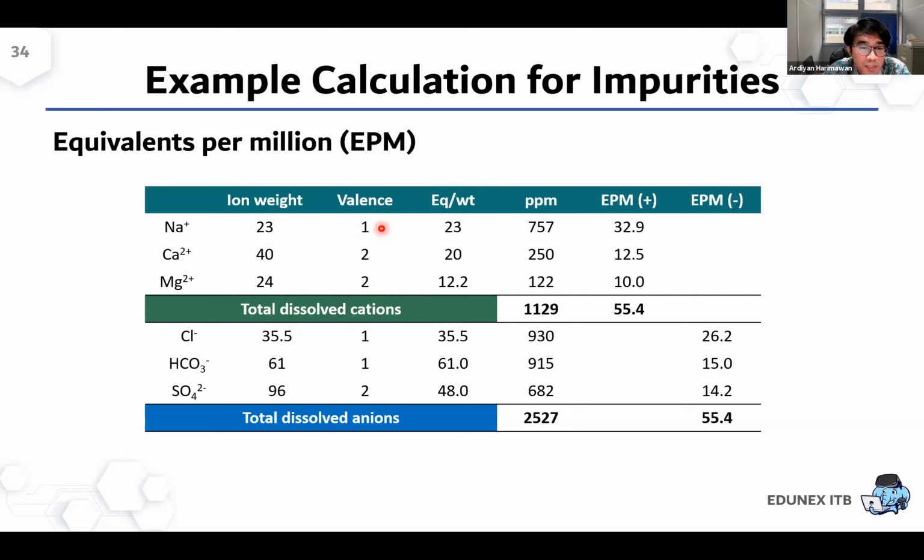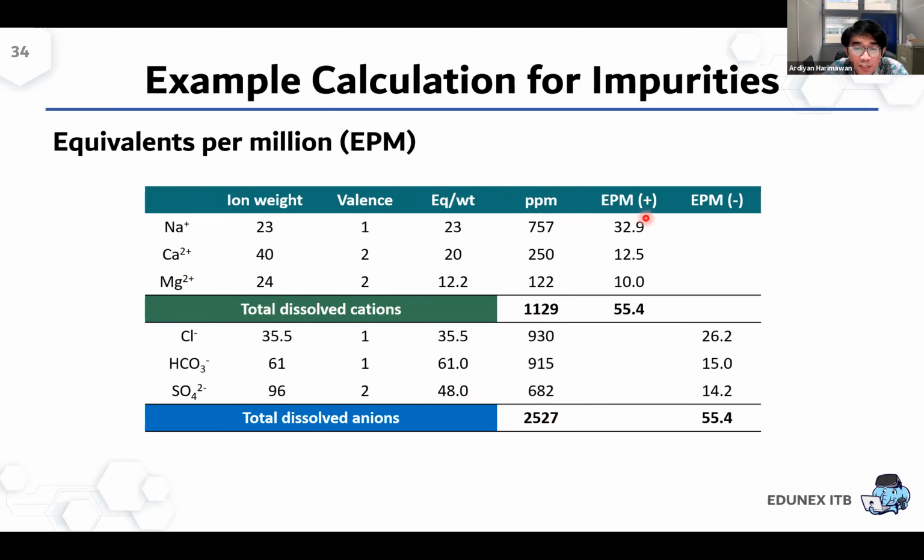This one divided by this one. Okay, you have the data. This is the ppm. If you sum up the ppm, it doesn't have any meaning. If you just sum up the concentration of each ion, it doesn't have any meaning.